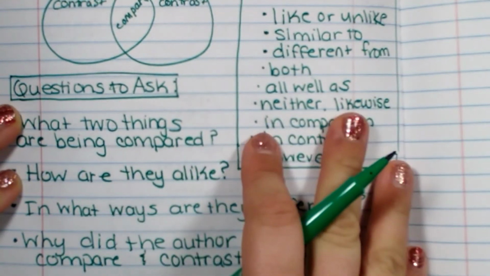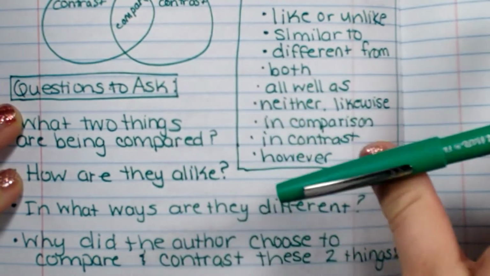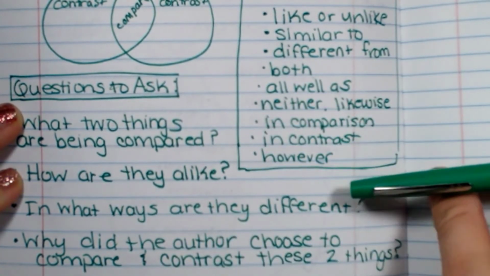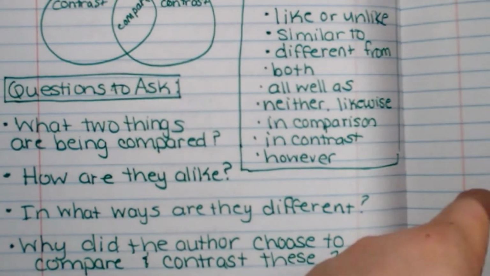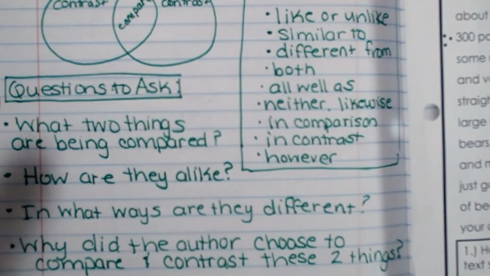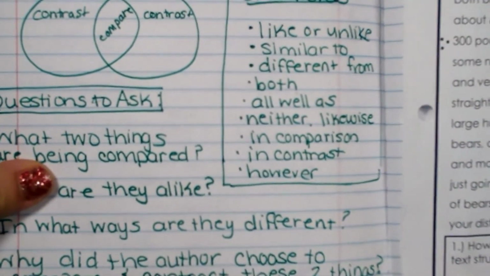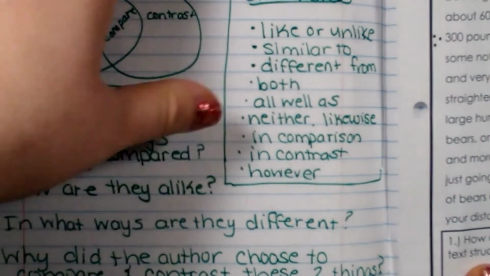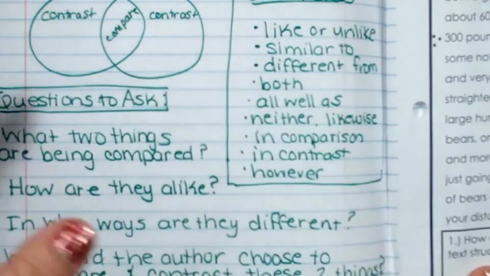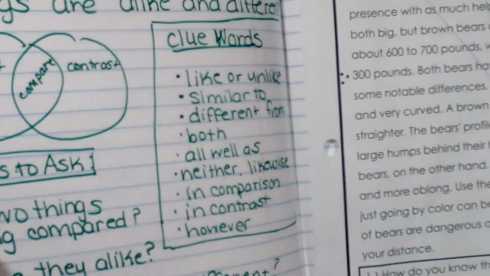So I'm going to have you pause this, finish taking the notes, and then I have something attached to this assignment that I'm going to have you print out, cut out, and glue in. And then we're going to be practicing doing just that with this passage.